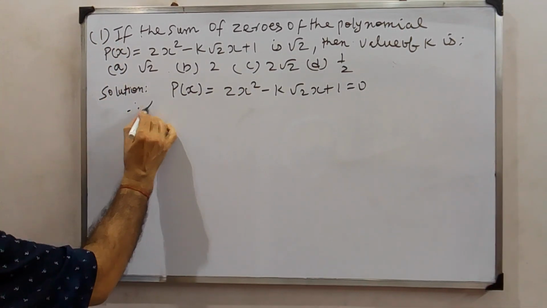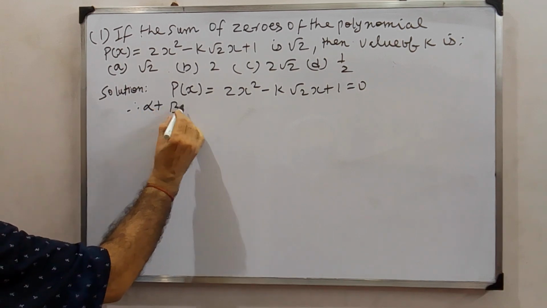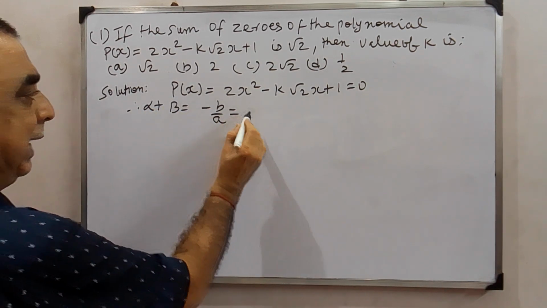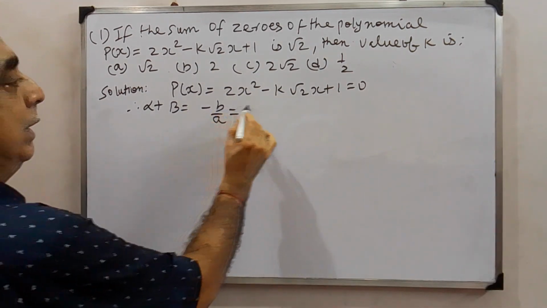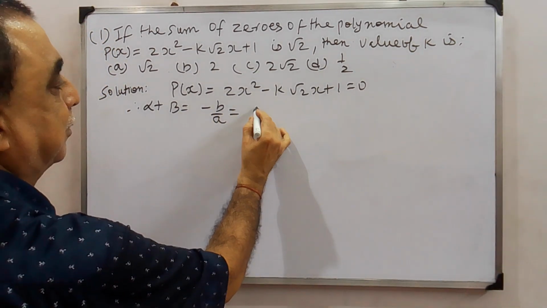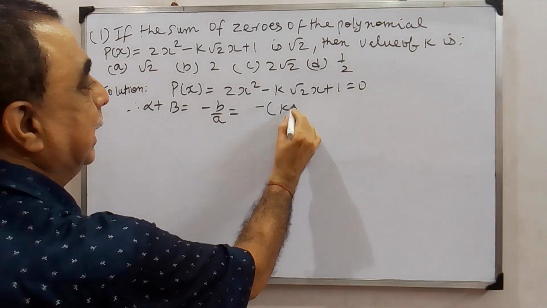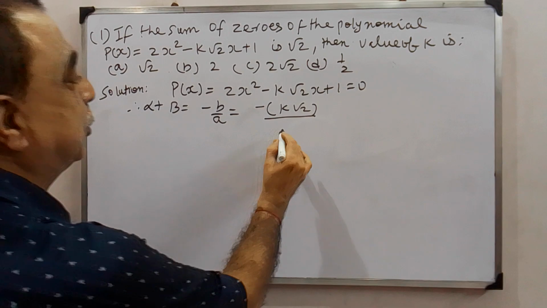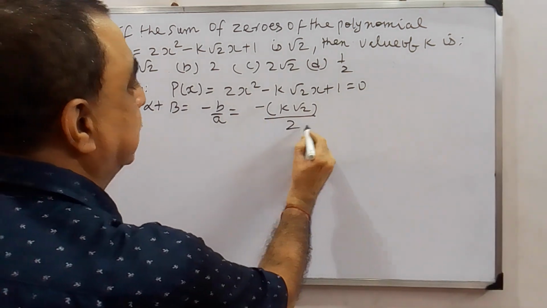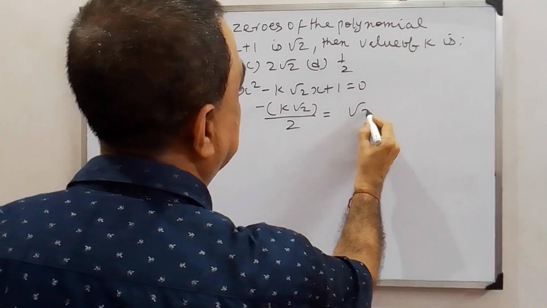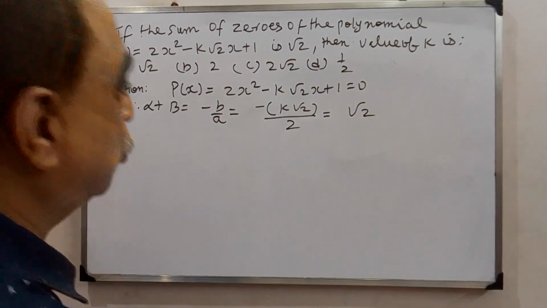So the sum of the roots, alpha plus beta, we know is minus b by a, where b is the coefficient of x, so put minus k root 2, divided by a, where a is the coefficient of x squared, so that is 2. And it is given the sum of the roots is root 2.